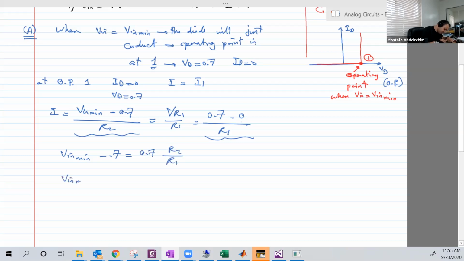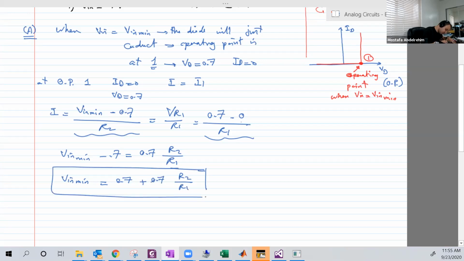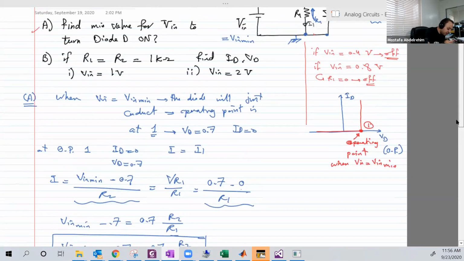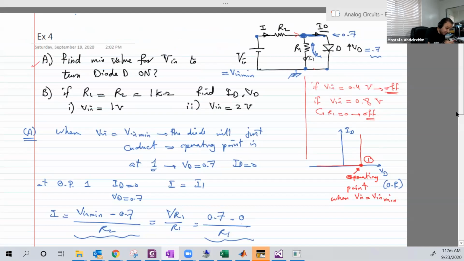So Vin minimum equals 0.7 plus 0.7 R2 over R1. So the minimum input that will turn the diode on is actually dependent on the values of both R2 and R1. It's not an arbitrary or independent value. No, it depends on the circuit.